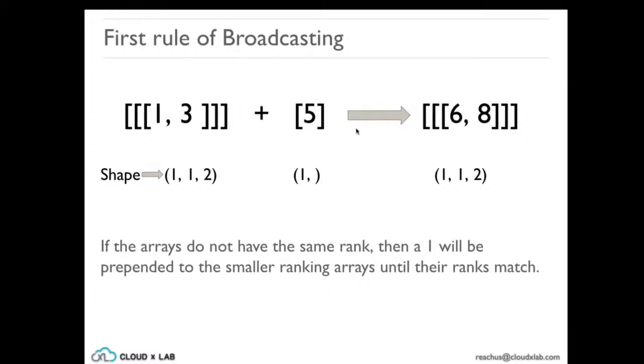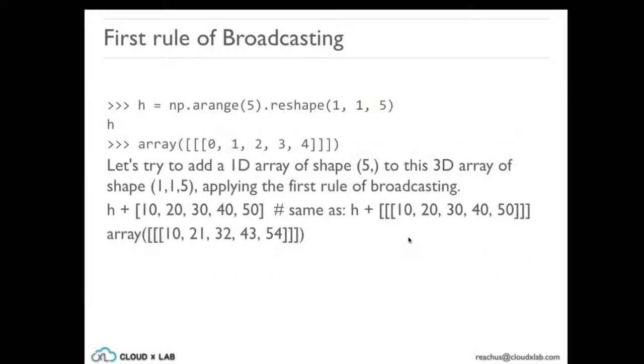As you see, 1 comma 3 gets added everywhere: 5 got added to 1 and 5 got added to 3. Effectively this became another 5 comma 5 with the same rank, and it got added. That's the first rule of broadcasting.